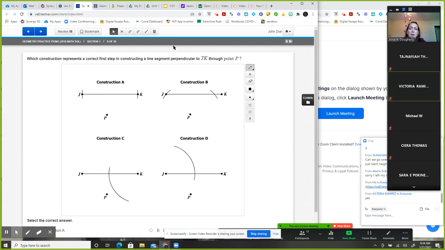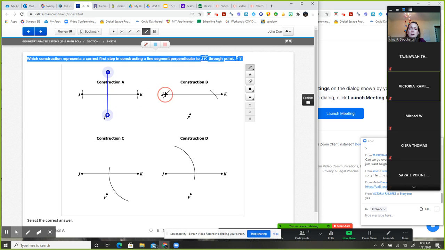I'm not sure what the compass is going to do, but I can try to make a vertical line. I don't know if that'll work or not. You can't slide it. So I can test and see if I can make a perpendicular line. It's got to go through P.